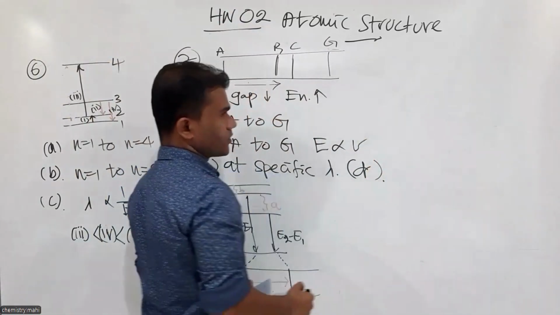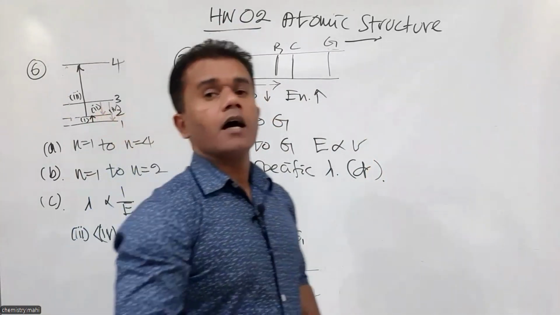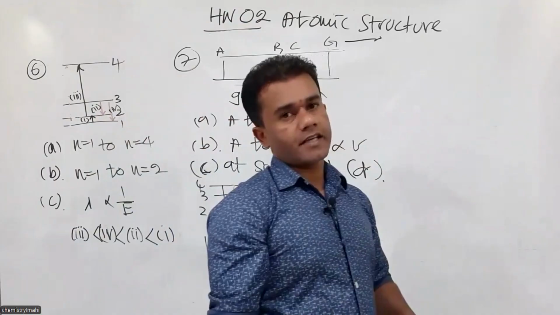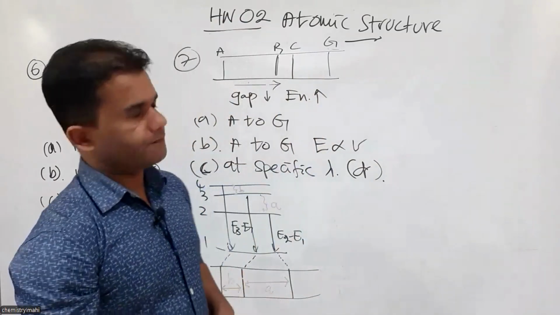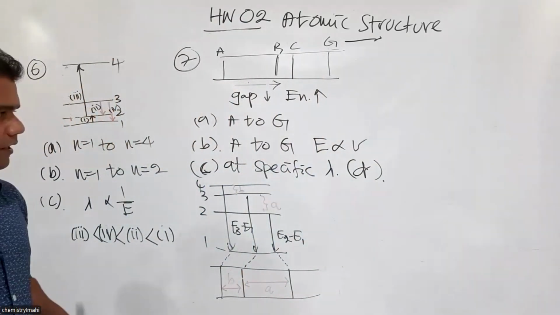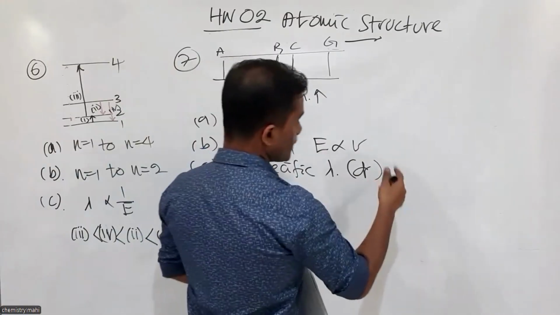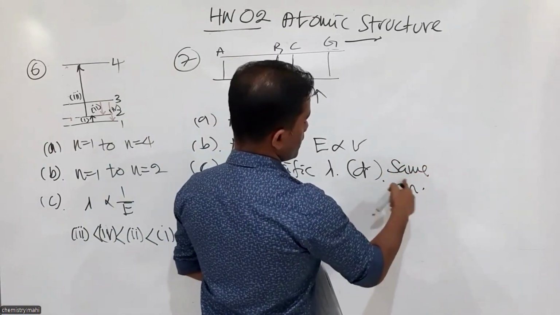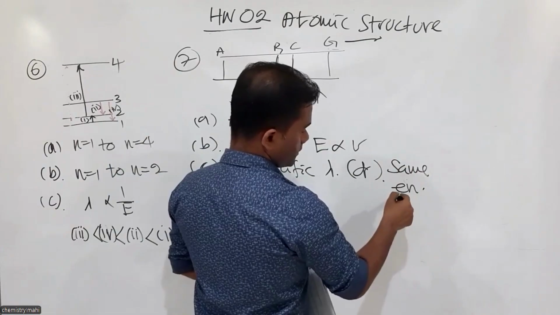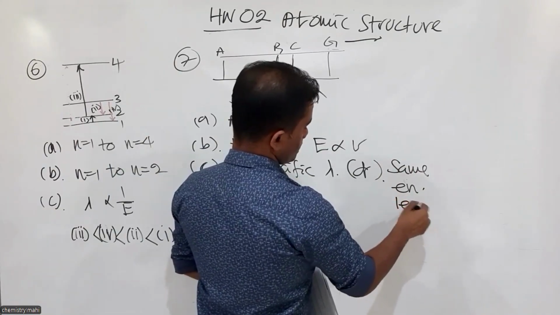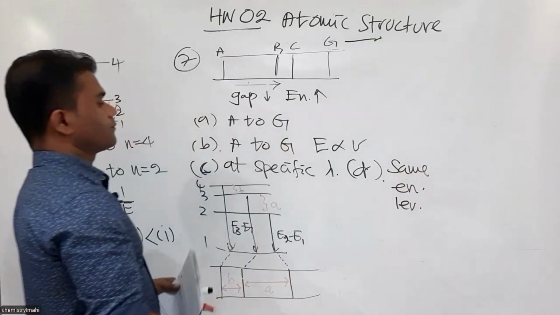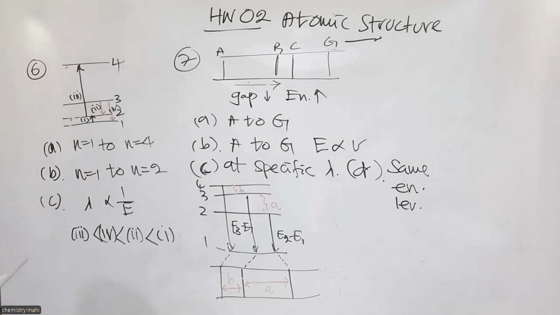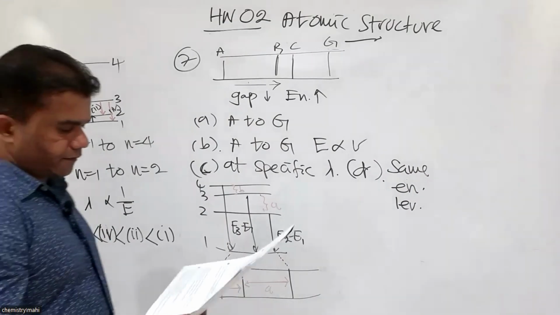All electron transitions end at the same energy state. Okay. All the transitions end at the same electronic energy level. That's how we answer the question for the 8th one.